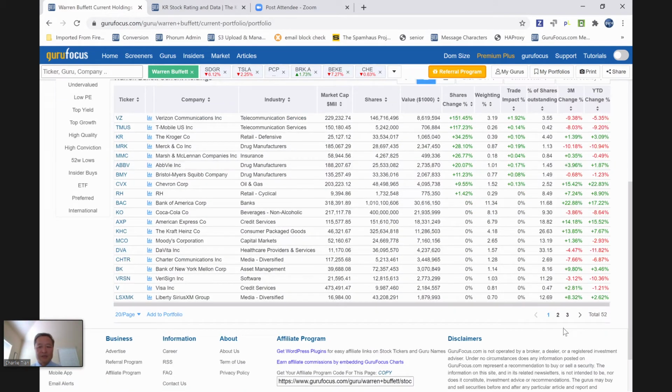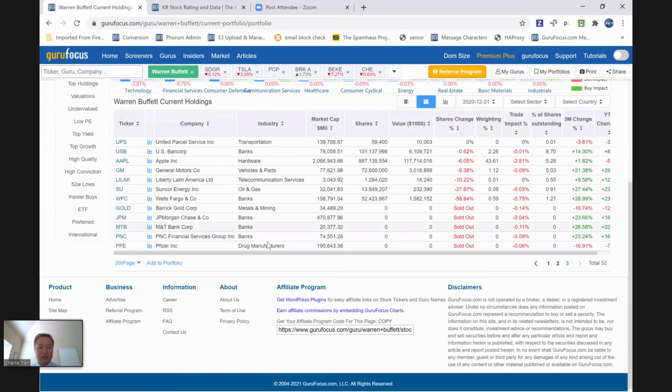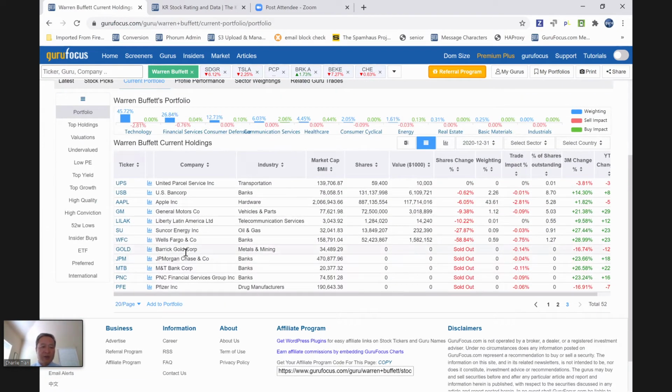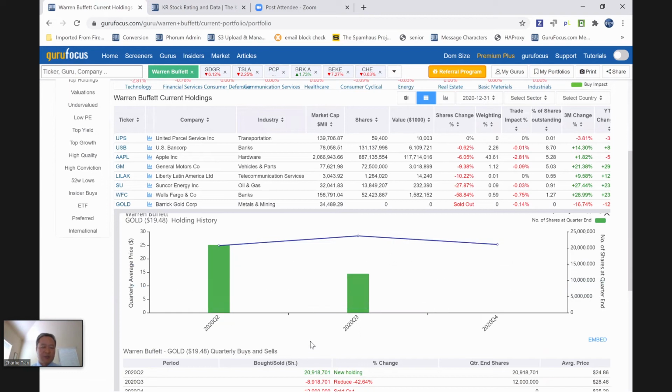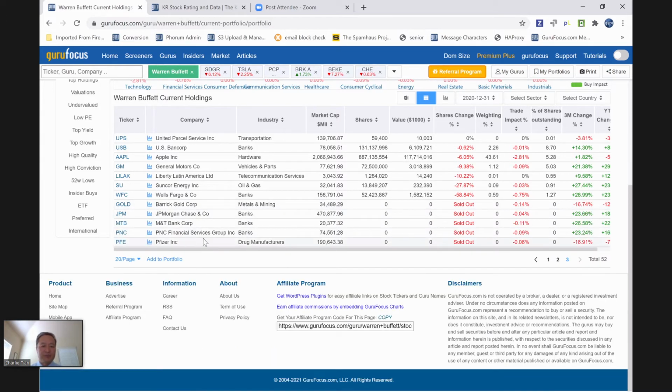And we can see what he sold. If I look at the portfolio, the position he sold out, Barrick Gold, I remember it was bought in the second quarter of last year, and it was sold out completely during the fourth quarter of last year. Of course, I didn't think it was bought by Warren Buffett himself either, because it's an extremely small position.